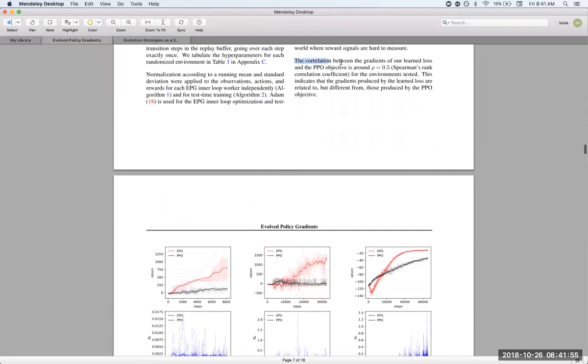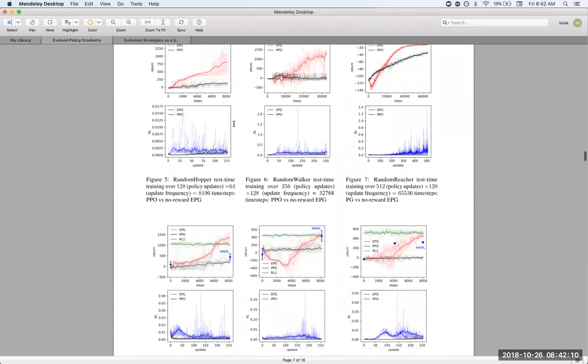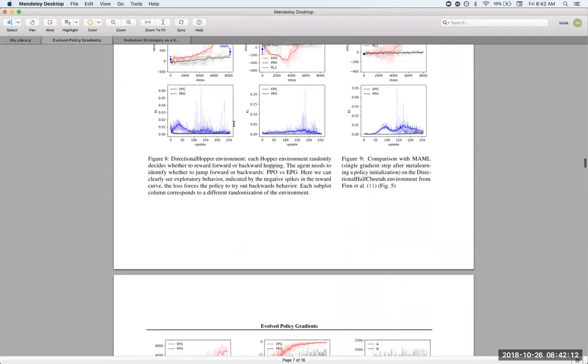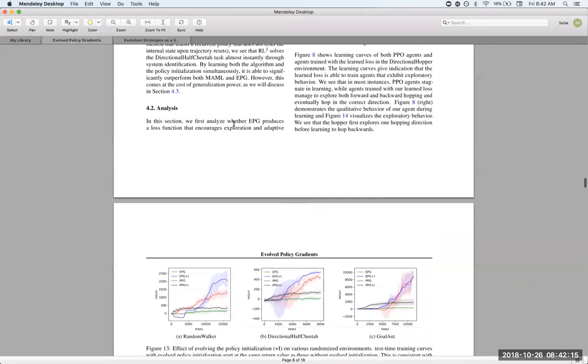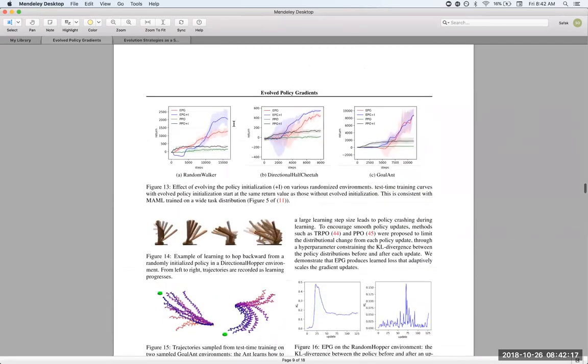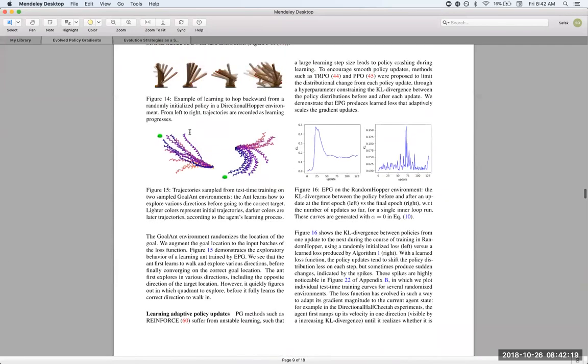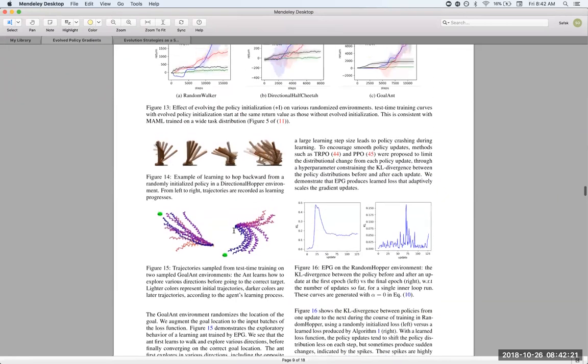Let's see. The correlation between the gradients of our learned loss and the PPO objective is around 0.5. I don't understand what that means, but let's actually see the examples. Okay, let's look at these figures.